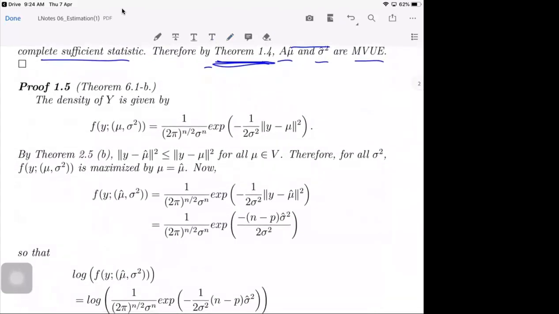So for MLE, that is 6.1b. For MLE, we have to look at the density function of a normal distribution.